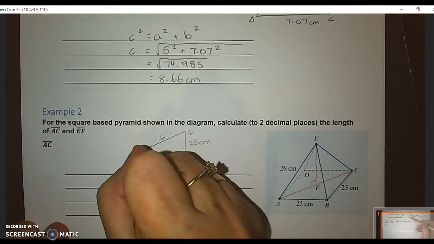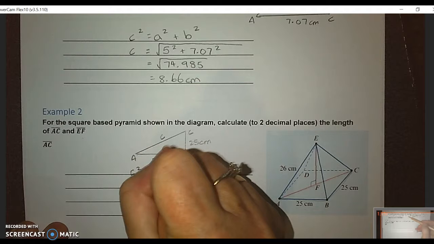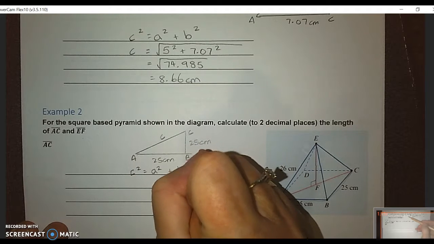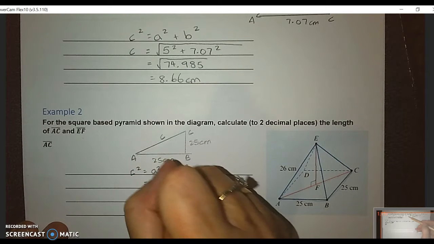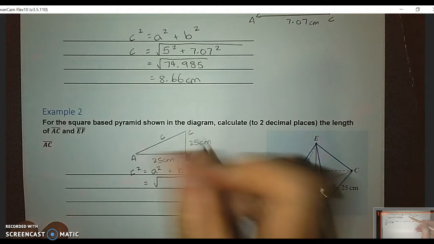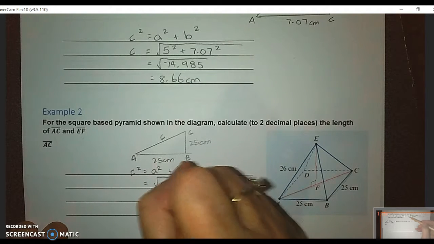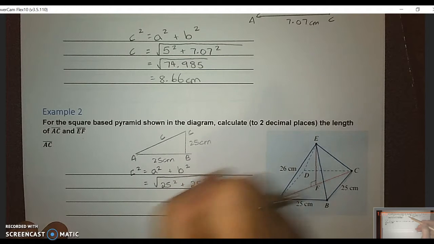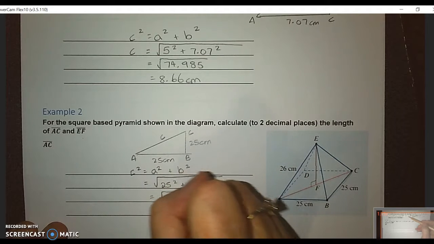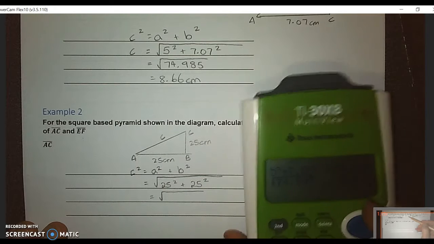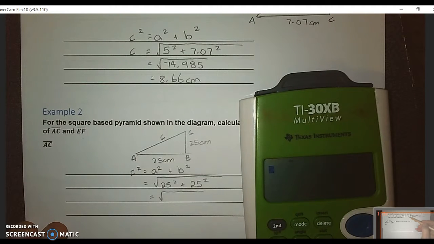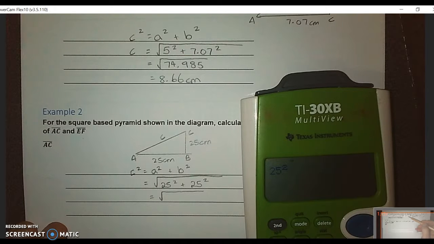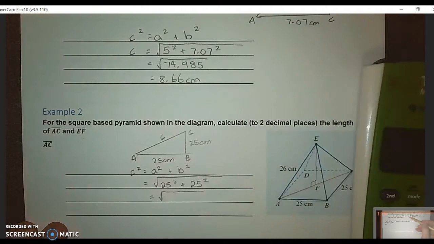So just like above, c squared equals a squared plus b squared. Square root of 25 squared plus 25 squared, which is 1250.